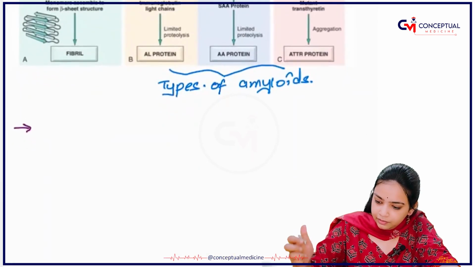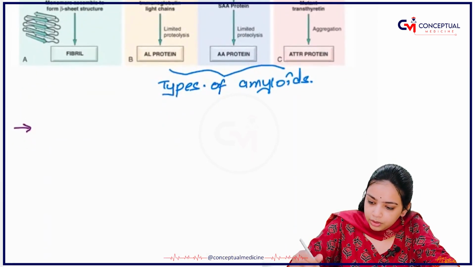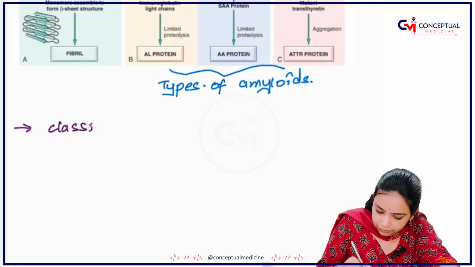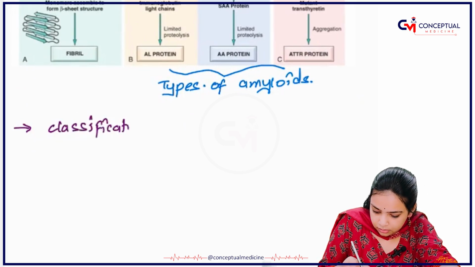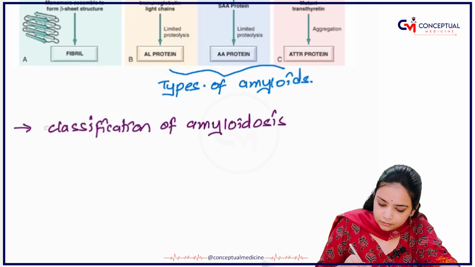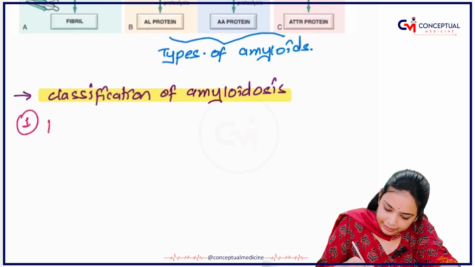Now, where were we? We were discussing the classification of amyloidosis. First we have the primary.